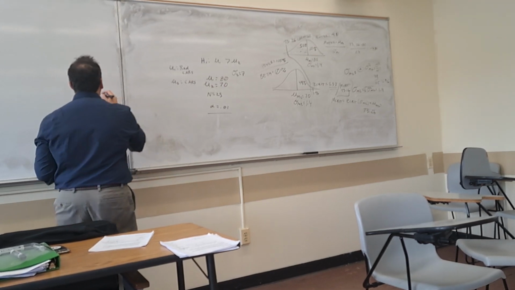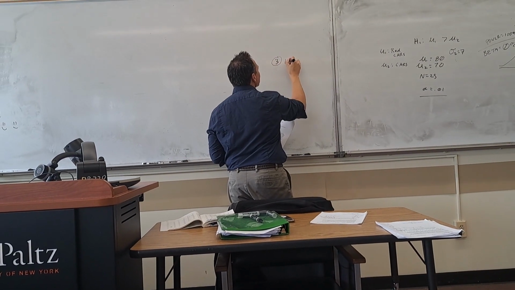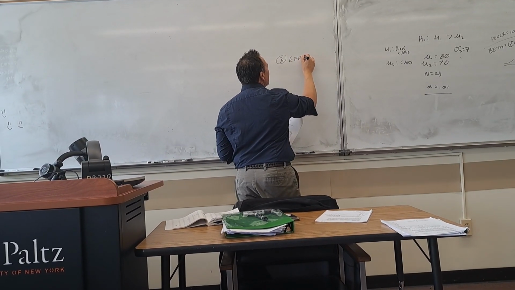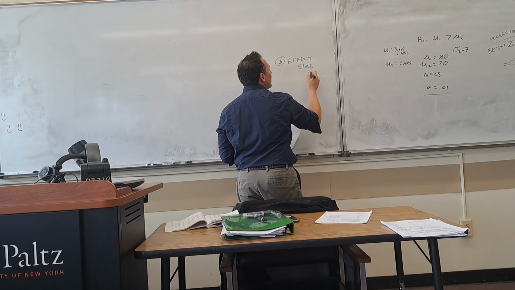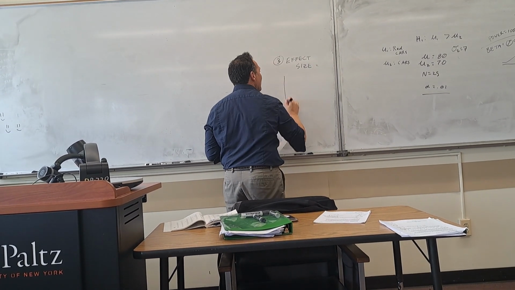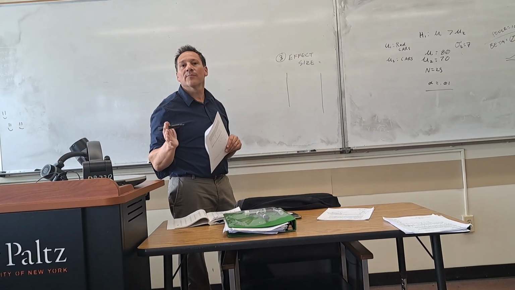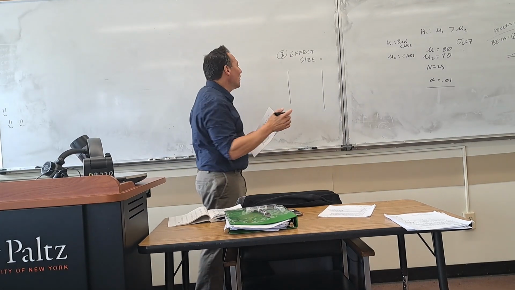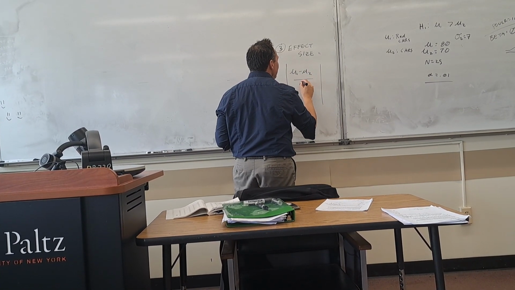Question number 3. Effect size. You had to compute several effect sizes during this exam. Effect size in a power example equals the absolute value. By the way, if you put a negative sign, I typically didn't care, but it's the absolute value of mu sub 1 minus mu sub 2 divided by sigma.